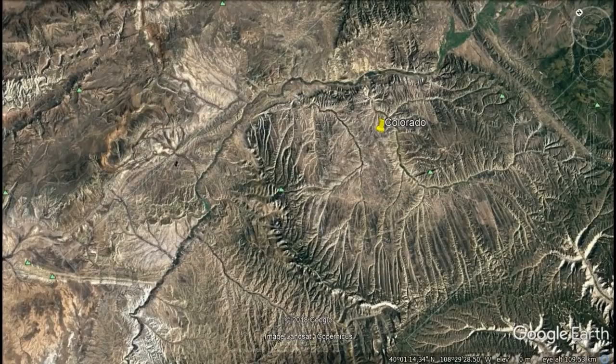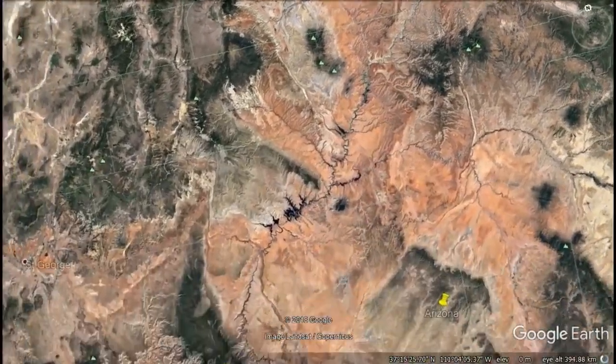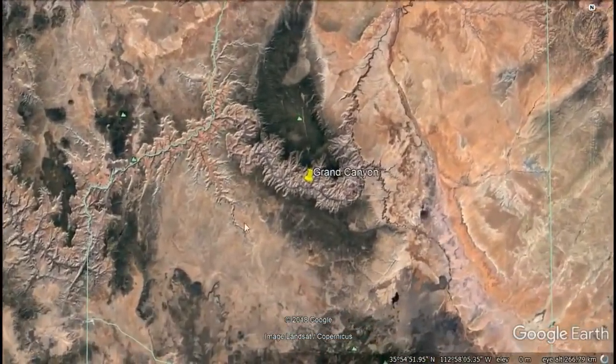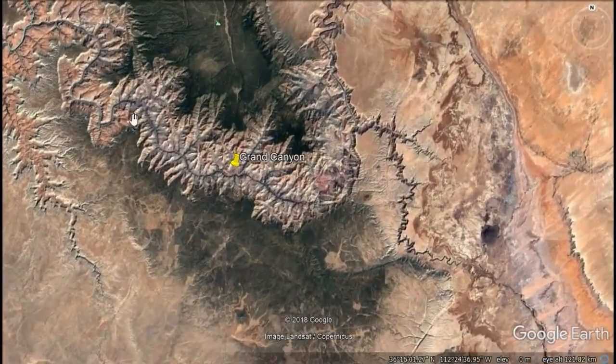And now this last example I'm going to show you, it's kind of surprising, but when you look at it, maybe not so surprising. This is the Grand Canyon, and the official origin of the Grand Canyon by the mainstream is that it is the result of constant erosion by the Colorado River over millions of years.